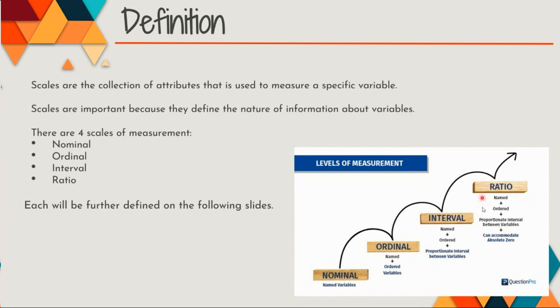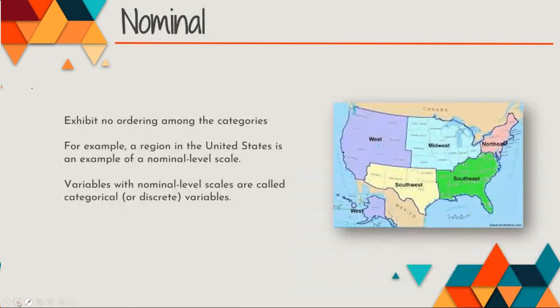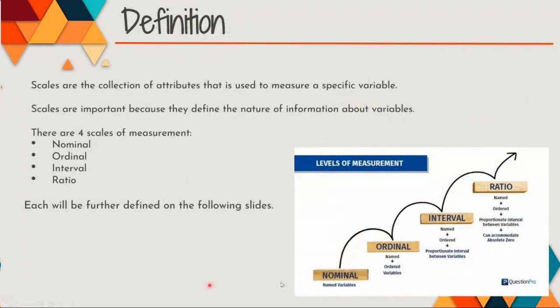But if you're utilizing a ratio variable, you could include those same increments of household income, 25, 50, 75, and 100,000, but you'd also want to have an answer option of 0 to make that a ratio variable. So let's go ahead and jump into learning a little bit more about each of these. I believe I have them in the same order that appears here, so we'll begin with nominal and work our way down to ratio.